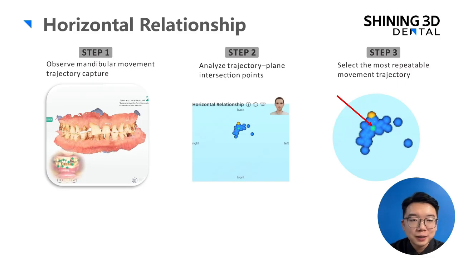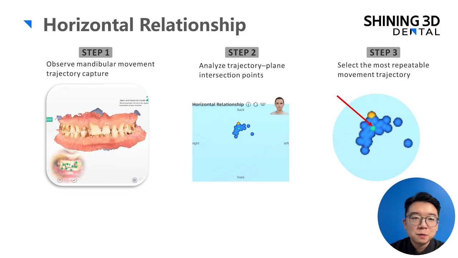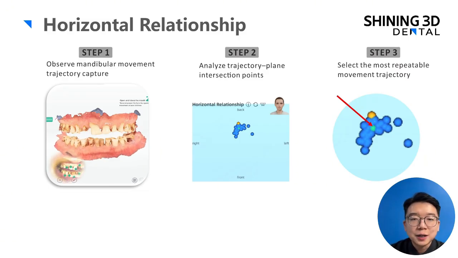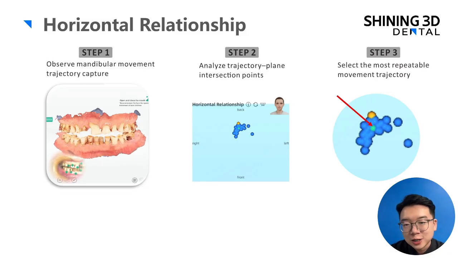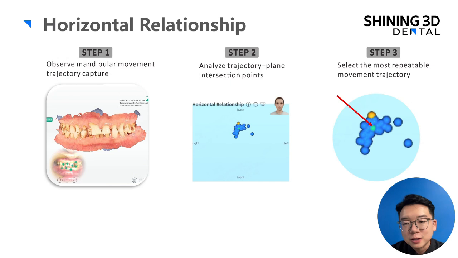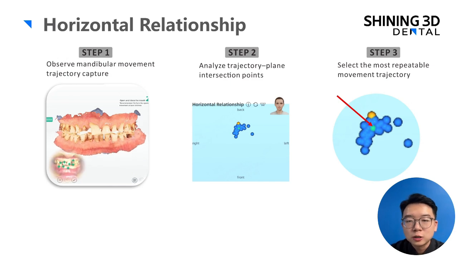Here, I need to explain the horizontal relationship for this patient, or for this module. We just mentioned we can see a lot of blue dots and one green dot and also one orange dot. They are the trajectory intersection points with the occlusal plane.